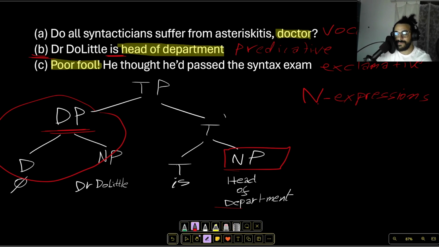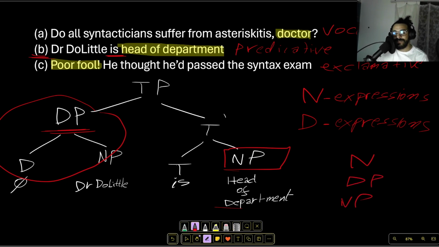So that's the difference between N expressions and D expressions. Good. I hope so far everything is clear. Now, there is a bit of confusion that sometimes arises regarding whether we should put an N or a DP or an NP. Well, at least for the last two, DP or NP. I hope this video will help you out a little bit.